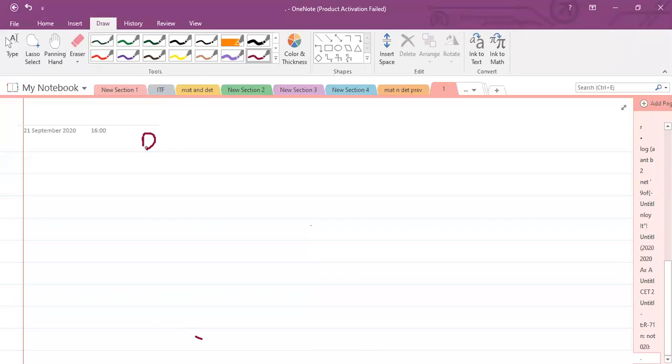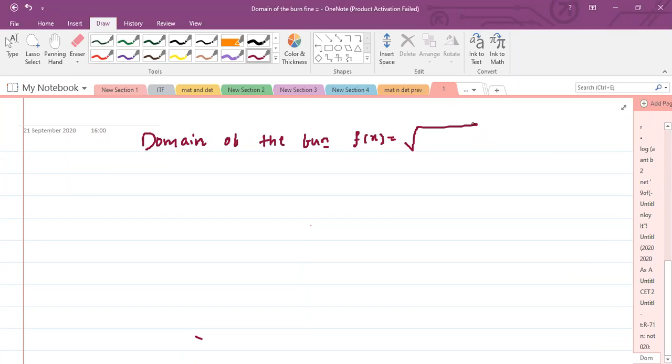Next question: domain of the function f of x is equal to square root of x square minus 7x plus 12.